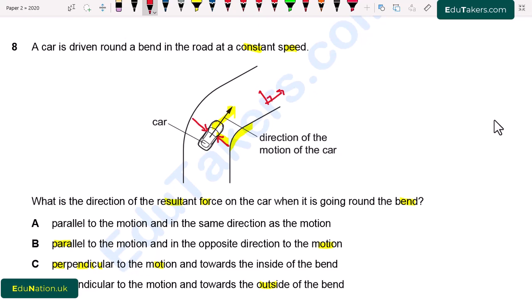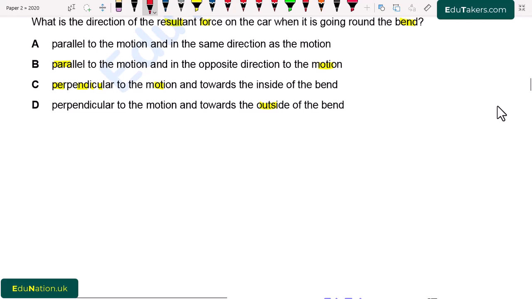Both of these are perpendicular. There is an angle of 90 degrees. It means that from here, option C is correct, which shows that the resultant force is perpendicular to the motion and towards the inside of the bend.